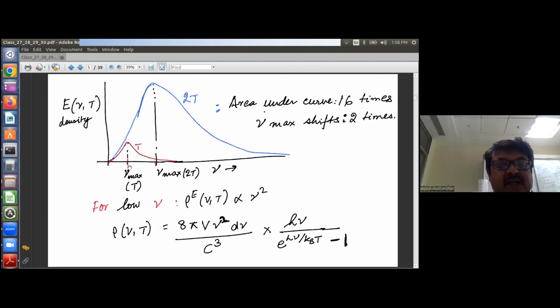The other thing you should realize is that the frequency at which you get the maximum of the energy density just increases by a factor of 2, but the total area under the curve is much bigger, right? That's the broad meaning.